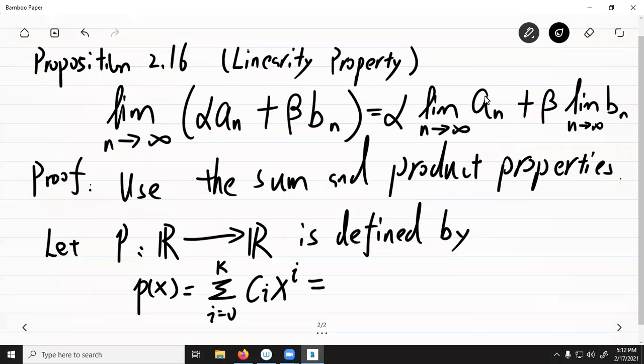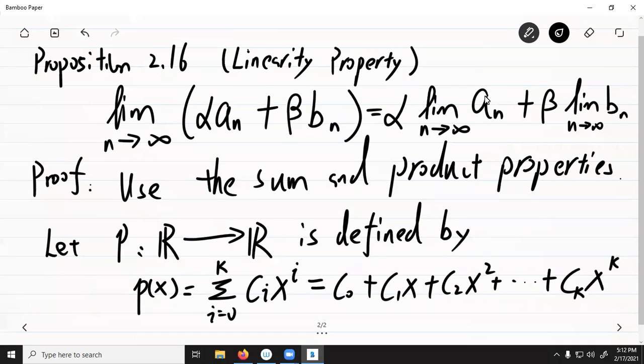So this can be written as c_0 plus c_1 x plus c_2 x squared plus up to c_k x to the k-th power. Here x is a real number, and this kind of form is called a polynomial. This p is called a polynomial.